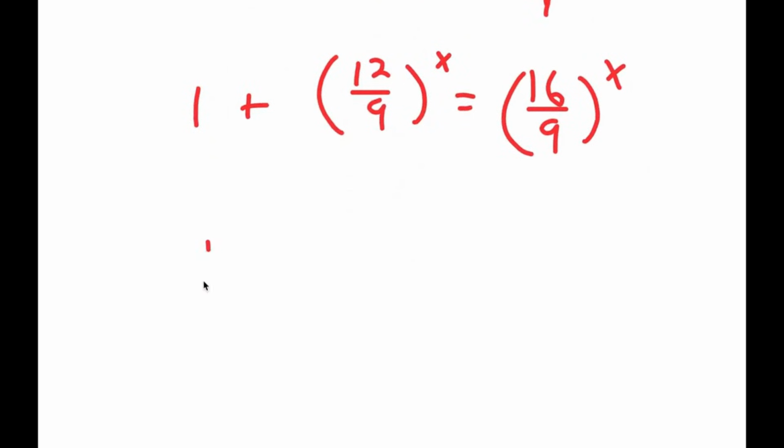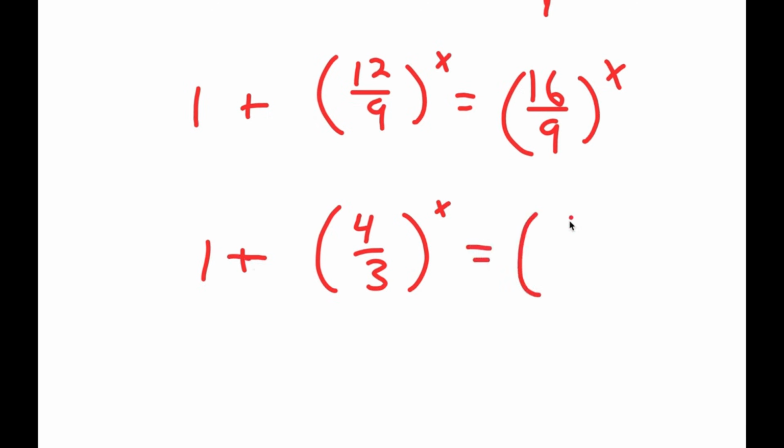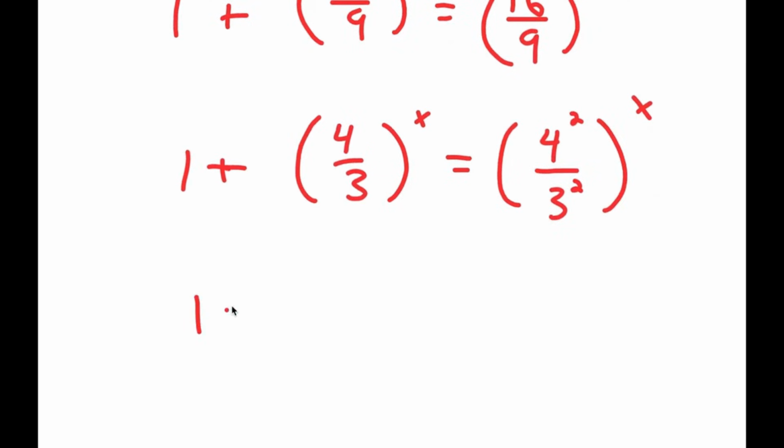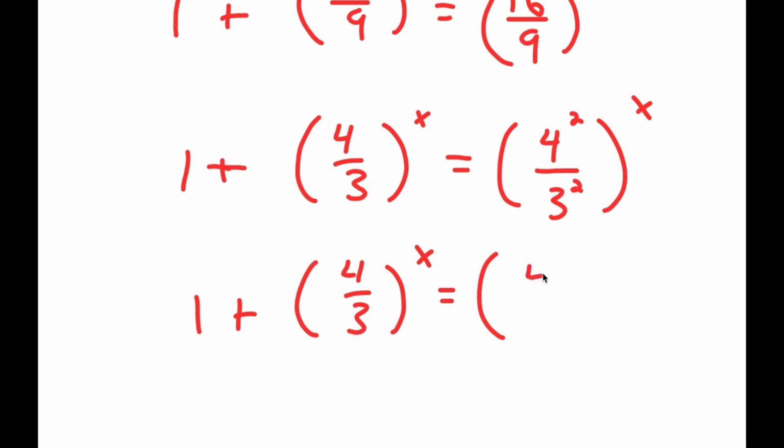Now 12 over 9, that simplifies to 4 over 3. And 16 over 9, that simplifies to 4 squared over 3 squared. Now 4 squared over 3 squared, that's the same thing as 4 over 3 squared.